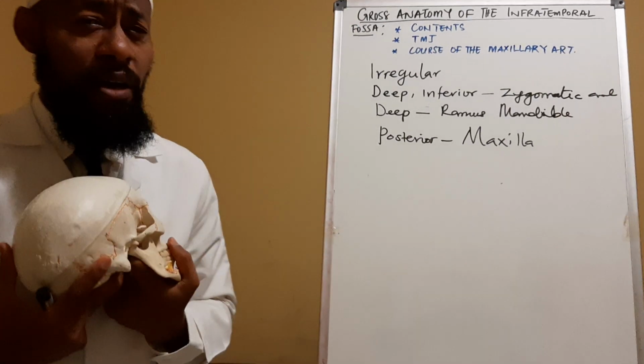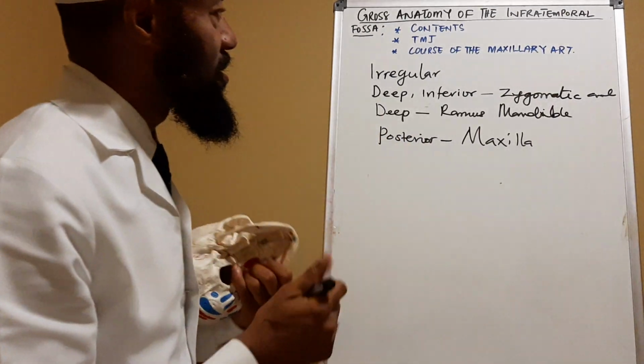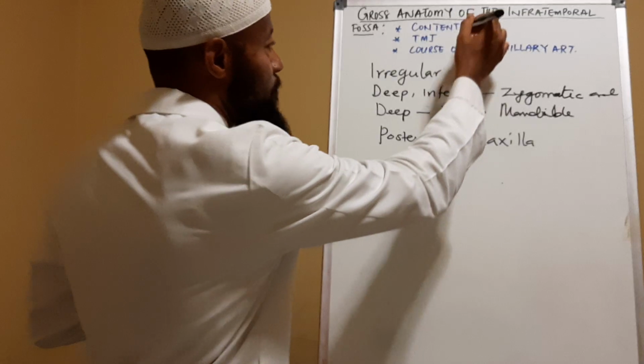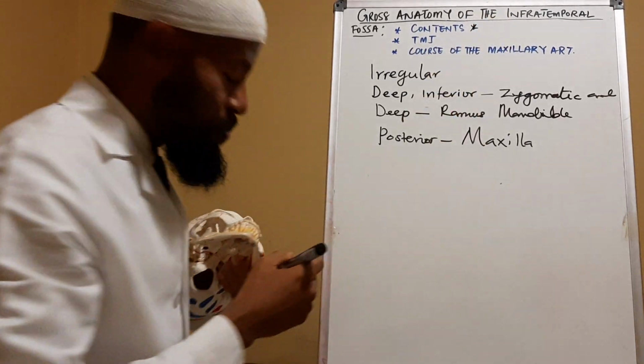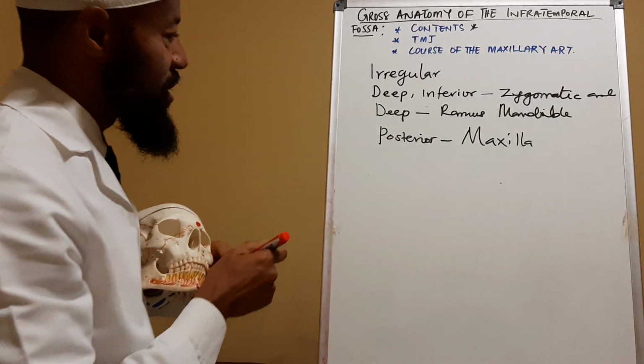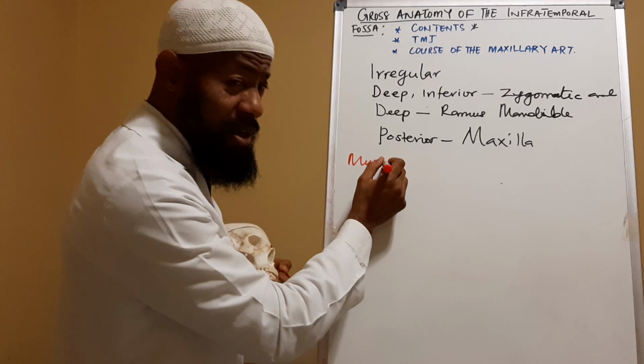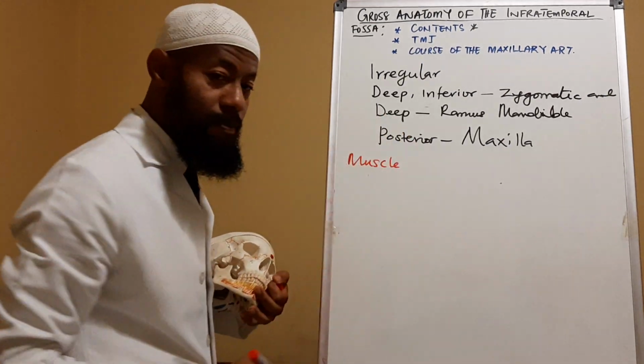Now, why are we talking about this space? The reason is the content of this space, which we mentioned in the previous video. It has muscles, important muscles that are found in that space.